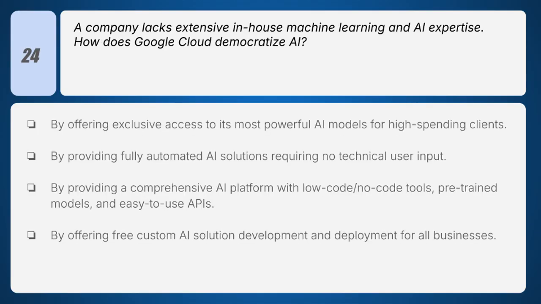A company lacks extensive in-house machine learning and AI expertise. How does Google Cloud democratize AI? A. By offering exclusive access to its most powerful AI models for high-spending clients. B. By providing fully automated AI solutions requiring no technical user input.